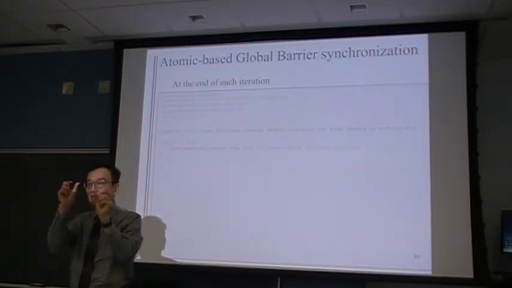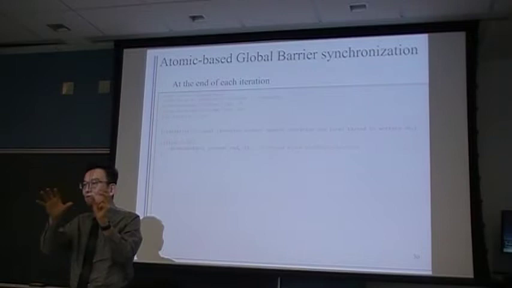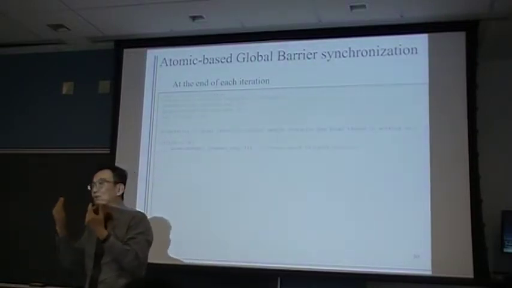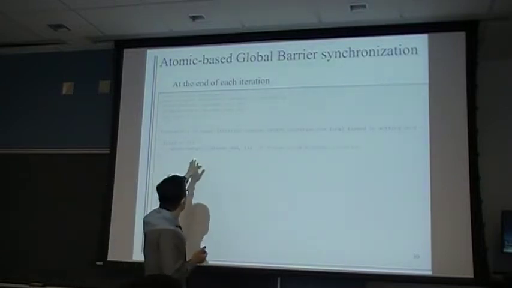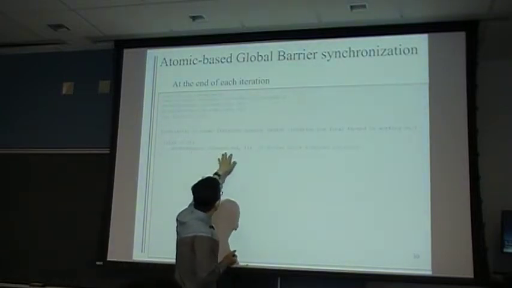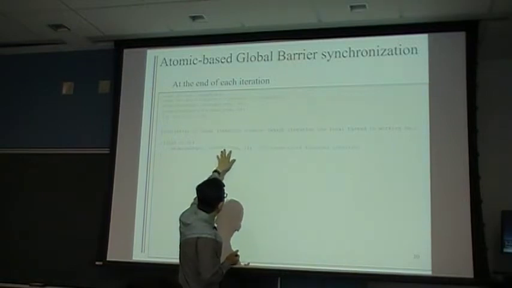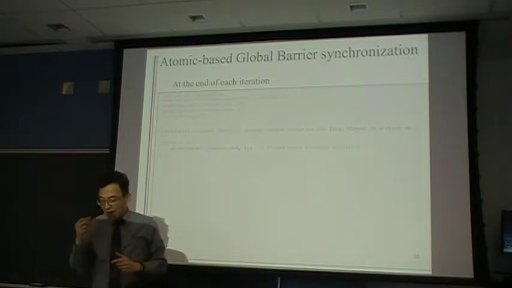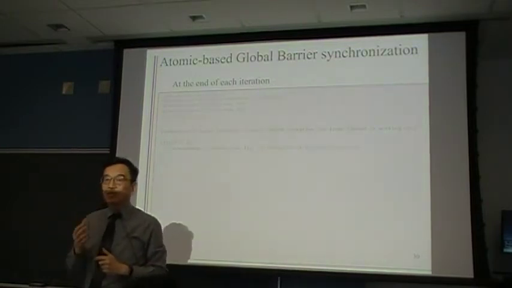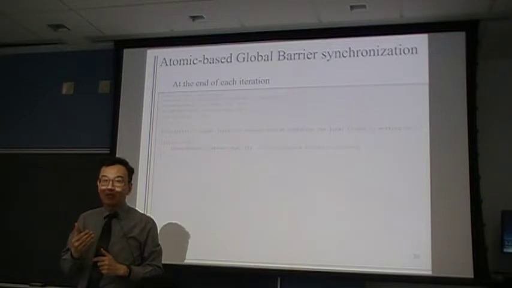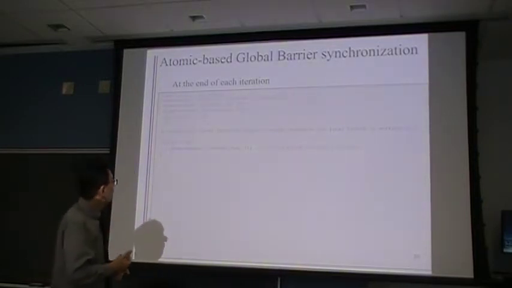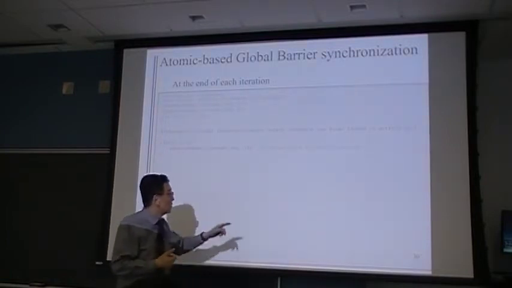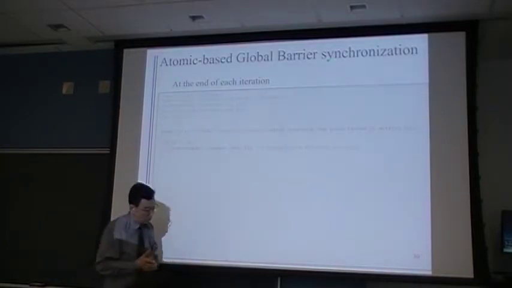So all the thread zeros in all the thread blocks will execute this piece of code. Only one thread in every thread block will execute this piece of code. It will do an atomic add to the threads-end variable. This is really just saying that my thread block has completed the execution. Only T0 would do this particular action.